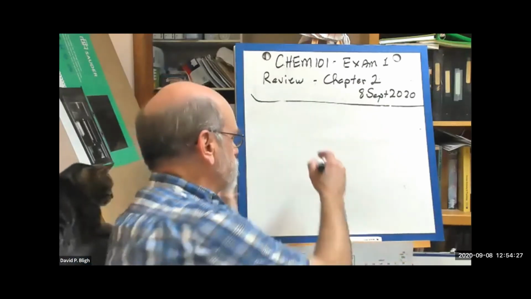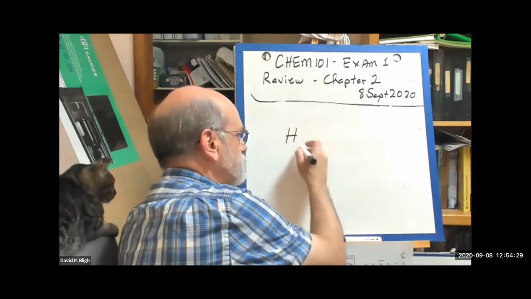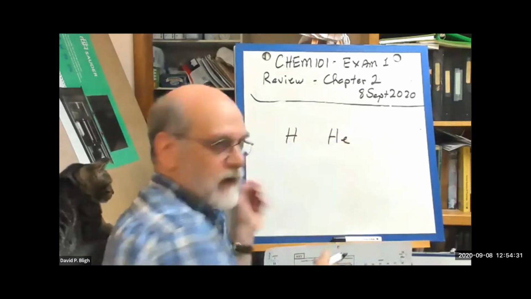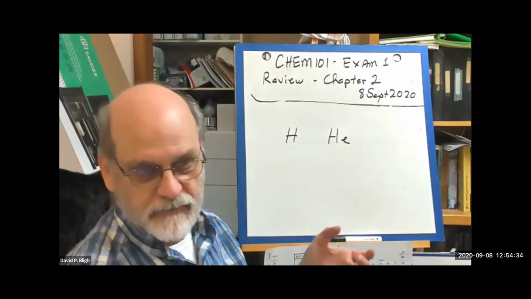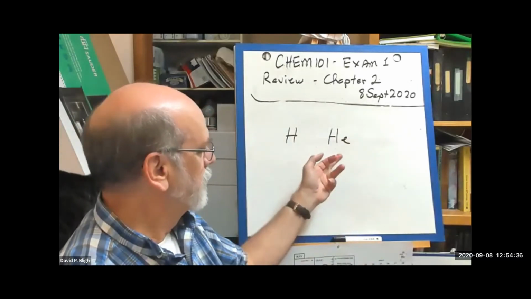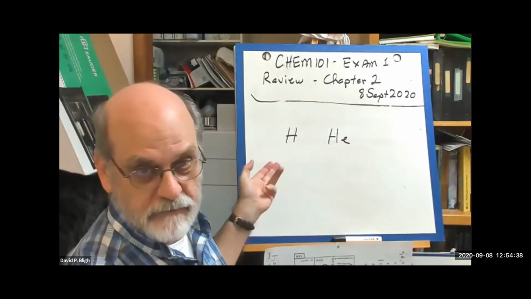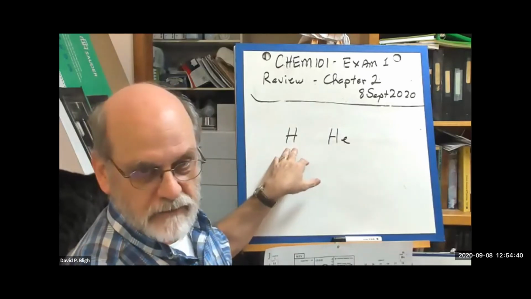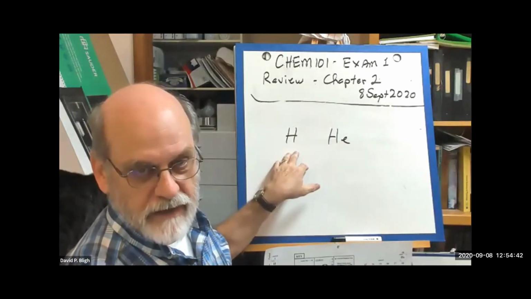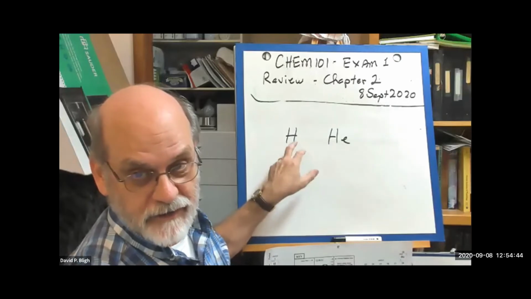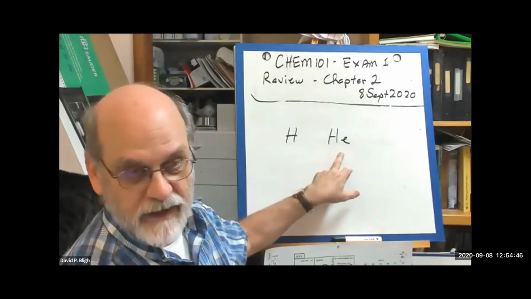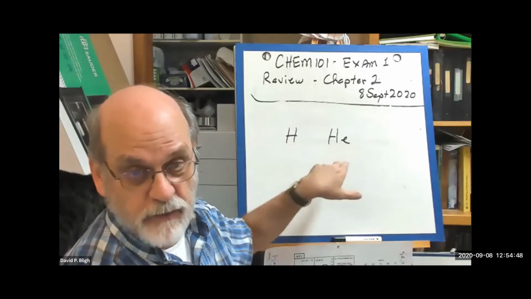For instance, hydrogen versus helium, right? So if we're going to have helium, which was discovered much later than hydrogen, hydrogen had dibs on the single letter, and then helium came later. We just added an E, but the E has to be small.